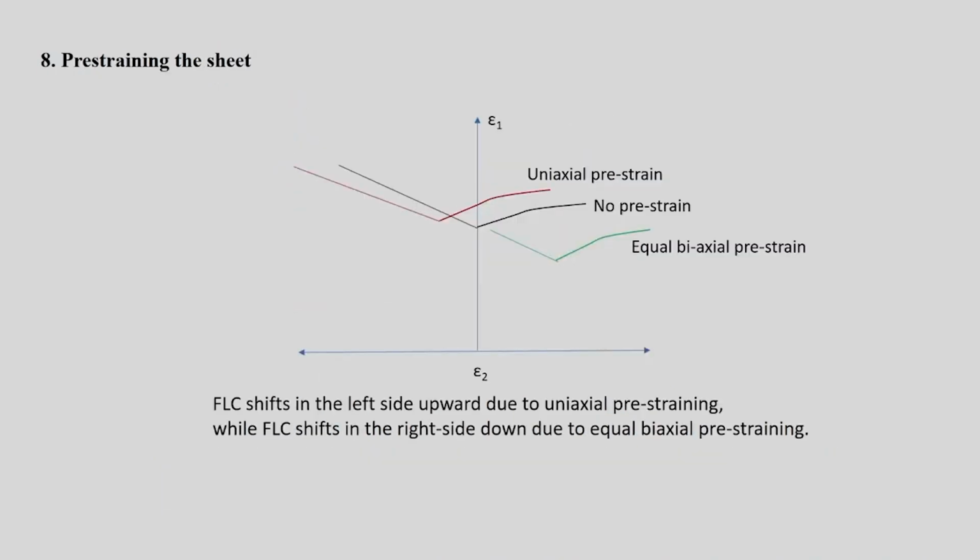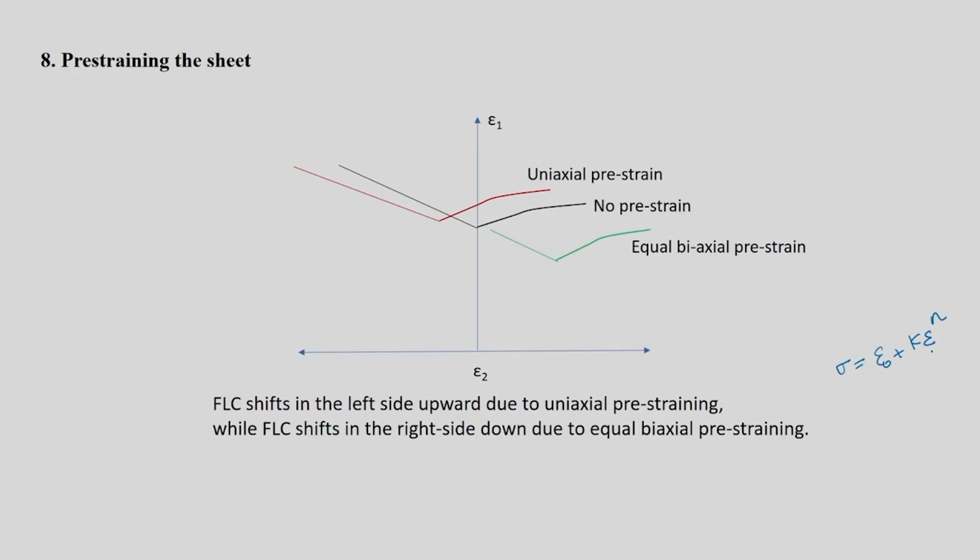So we also have something called pre-straining the sheet. Pre-straining the sheet means, I hope you remember an equation where we introduced epsilon naught for describing the flow stress: sigma is equal to k times epsilon naught plus epsilon to the power n. We might have seen this in 1 or 2 problems we worked out here, isn't it?